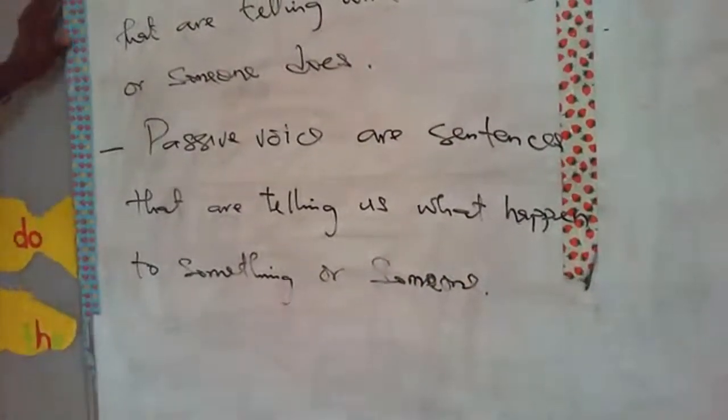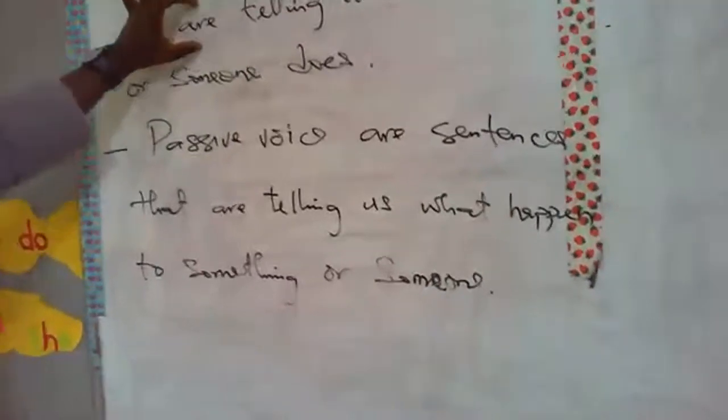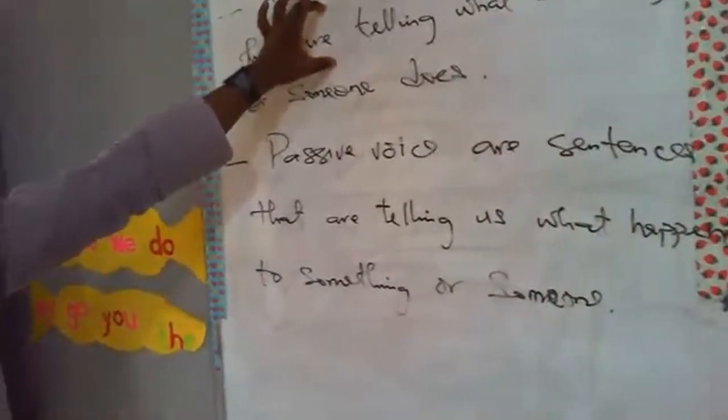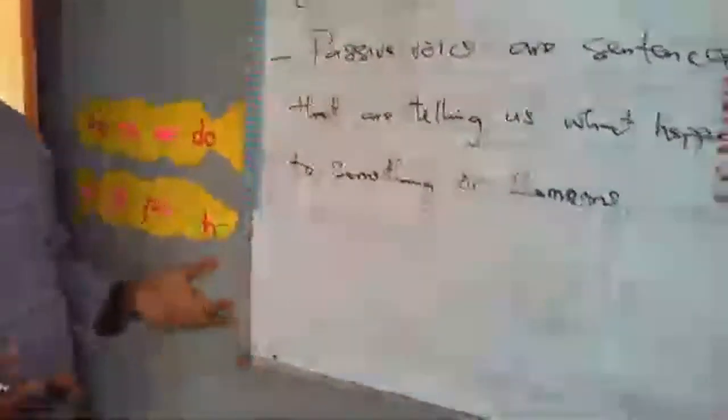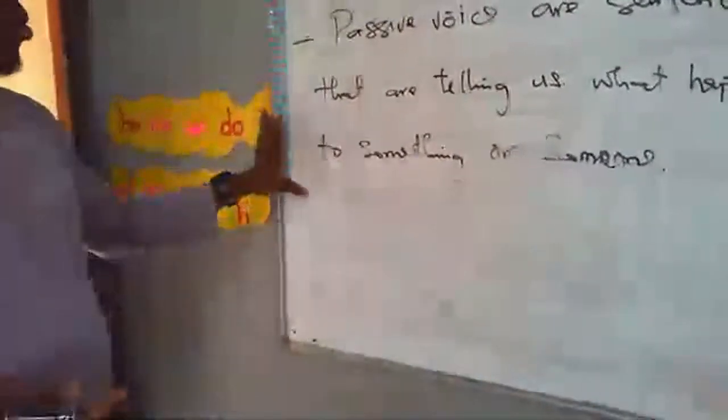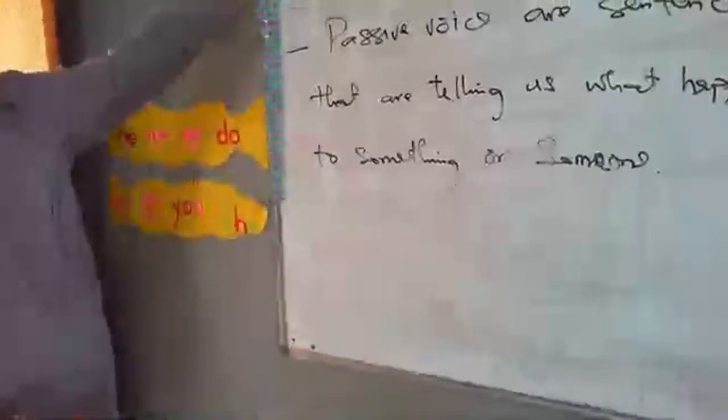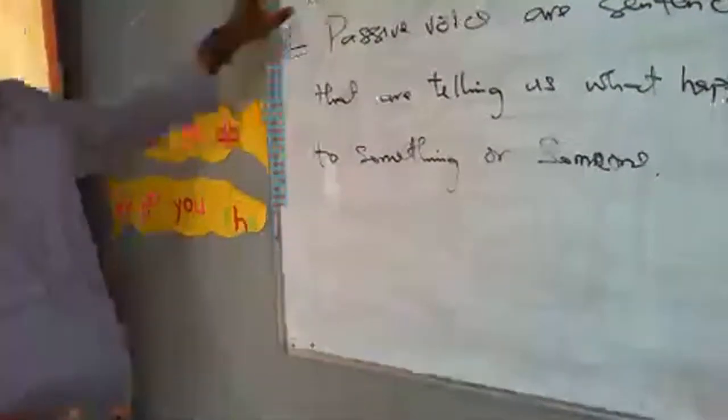So that is just the difference between the two. This is telling you about what a particular person or something does, while this is telling us about what happened to something or someone.